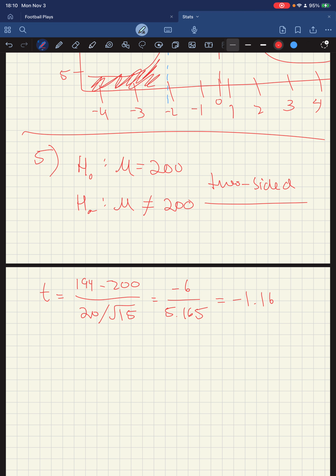In the degrees of freedom. So, degrees of freedom. I forgot how to do degrees of freedom. So we'll move on. Find the critical value t for a two-sided test at alpha equals 0.05 with your degrees of freedom. Decide whether to reject or to fail to reject null hypothesis by comparing t to the critical t.